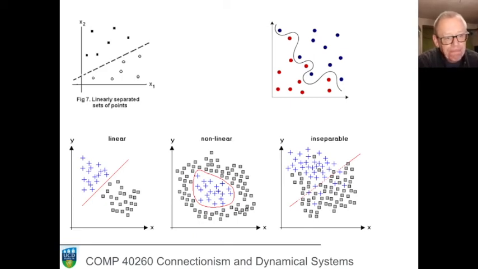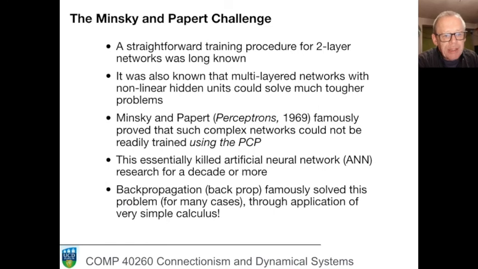Now, history comes along now, because in 1969, one of the founders of MIT Media Lab, Marvin Minsky, who died a few years ago, together with Seymour Papert, also of MIT Media Lab, they wrote a book analyzing what was known about such networks, about perceptrons. The book was called Perceptrons.